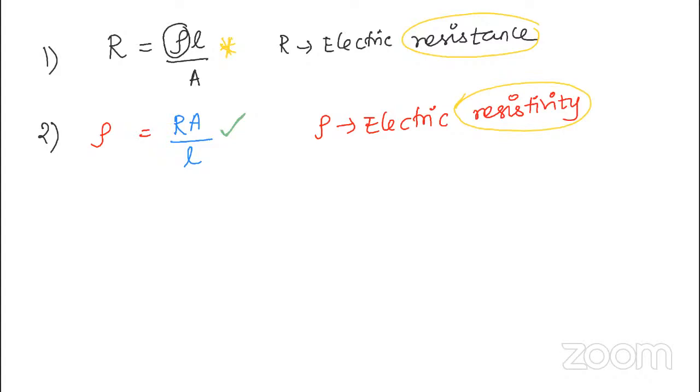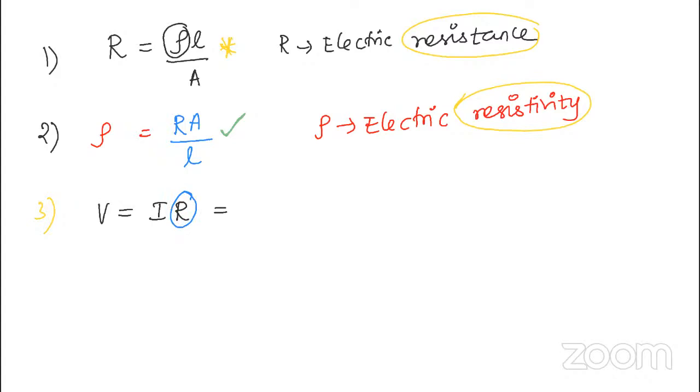Now, according to Ohm's law, let us see how to write the expression for V. We know V is equal to I into R. We already know the value of R, so how do we represent the potential difference?